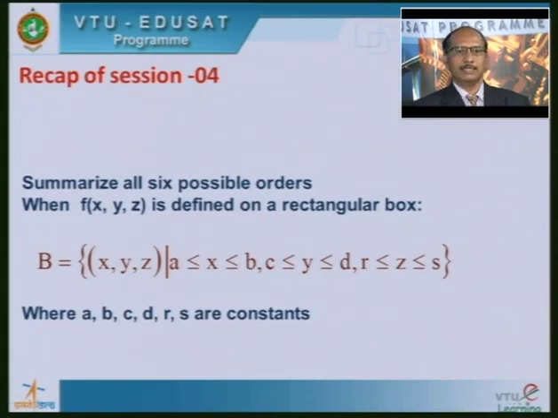When f(x,y,z) is a function defined on a rectangular box B, its dimensions are x varies from a to b, y varies from c to d, and z from r to s, where a, b, c, d and r, s are all constant limits.